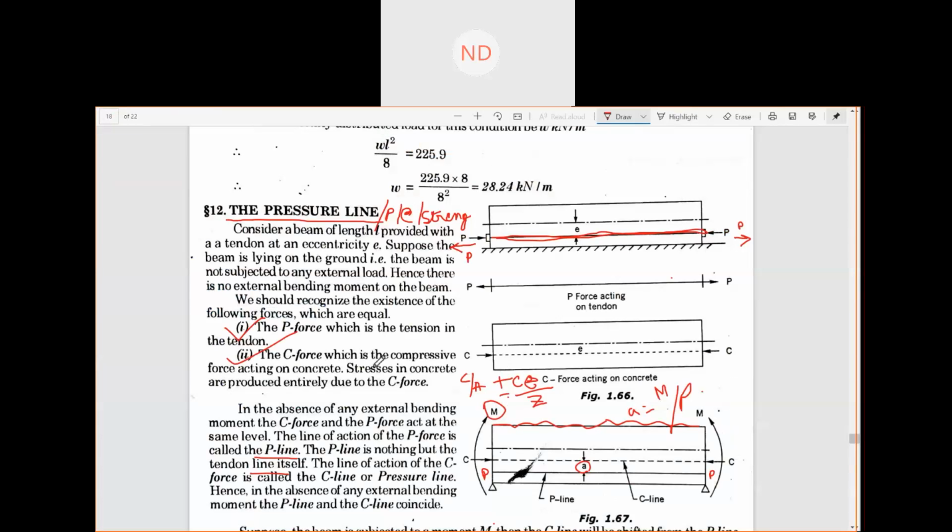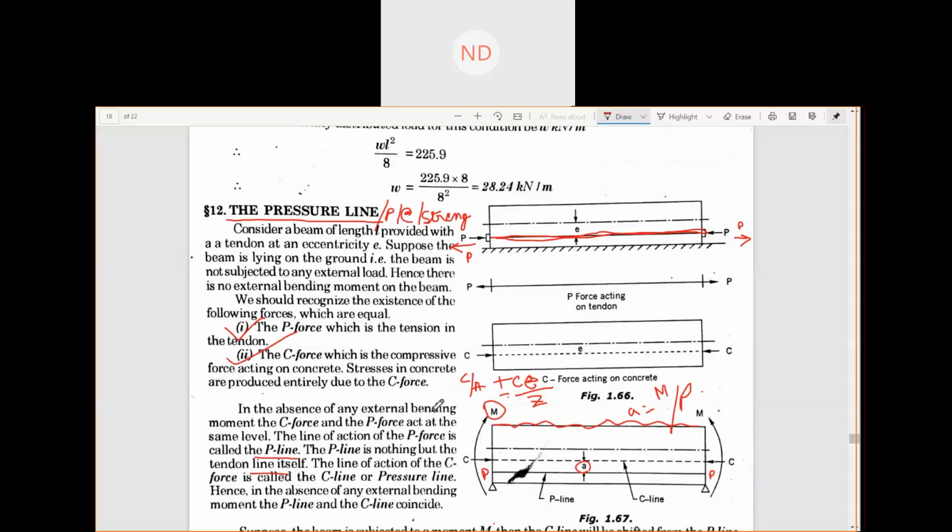So what I was telling you. Okay. So where we were, this one, the pressure line method here.